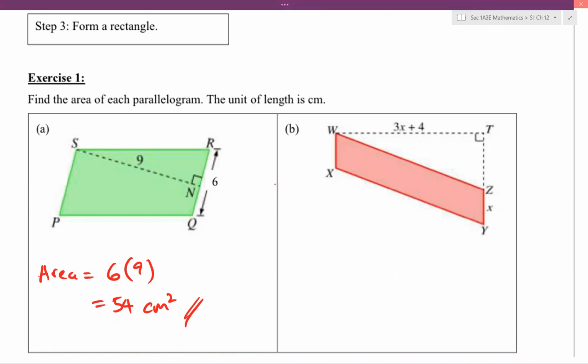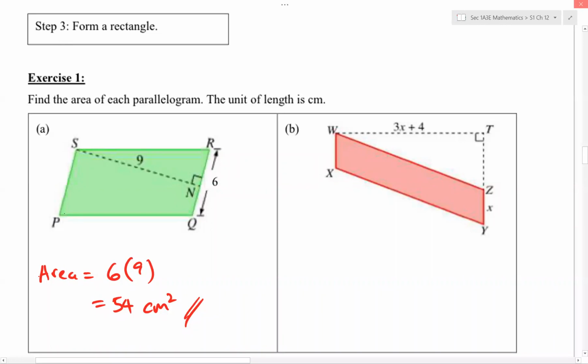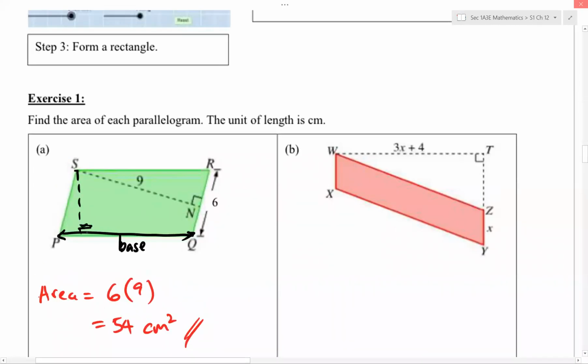Okay, done? Anybody need more time? Okay, so we have this as the perpendicular height, this dotted line.